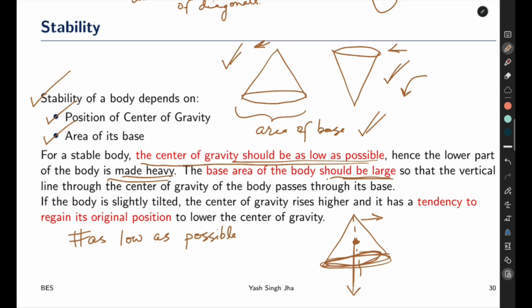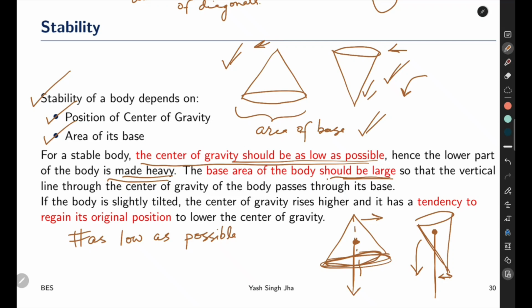But in this case, if it is gently tilted, the center of gravity is here, and the line joining the center of gravity to the center of the earth is not passing through the base. Hence, it will topple down.